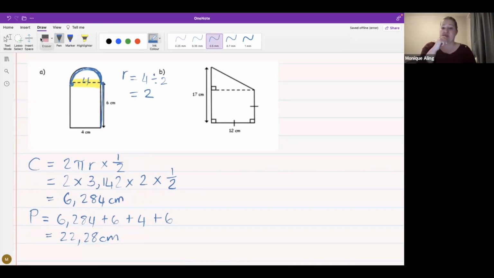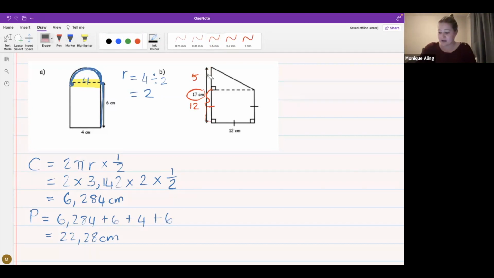Okay, so B, we have combined a square and a triangle, a right angle triangle. So if we have a look, can we agree that just this part of our square is 12 centimeters, making the base of our triangle 5 centimeters because we're splitting that 17 centimeters up.